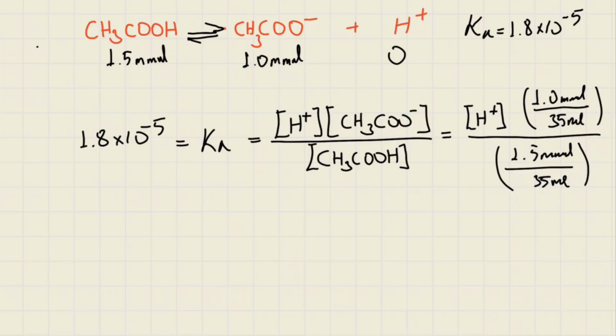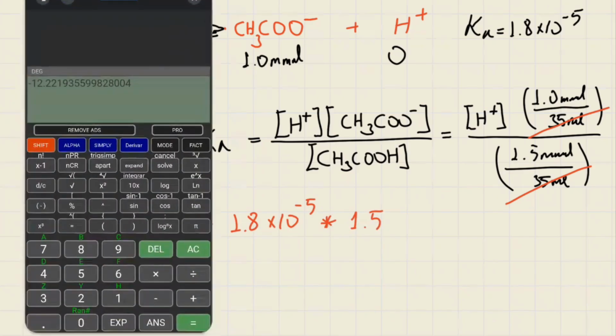So these two volumes cancel, and the hydrogen plus concentration is 1.8 times 10 to the minus 5 times 1.5, and it is 2.7 times 10 to the minus 5.